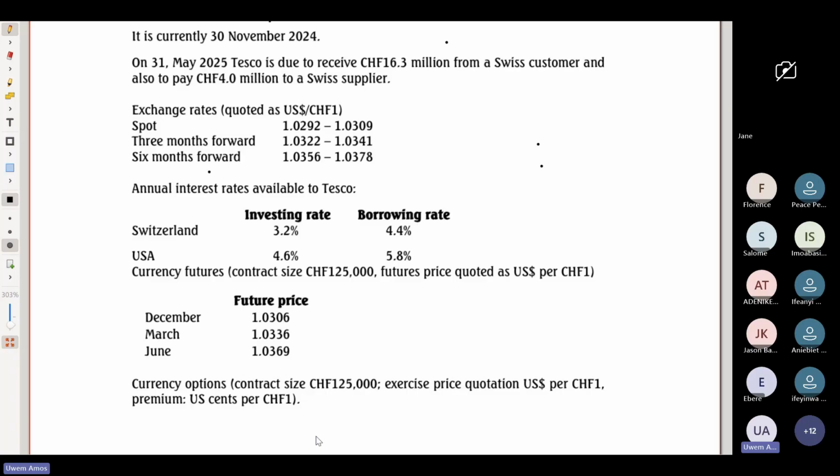Currency options, contract size 125,000 Swiss franc, exercise price quoted as USD per CHF1, premium is in US cents per 1 Swiss franc.